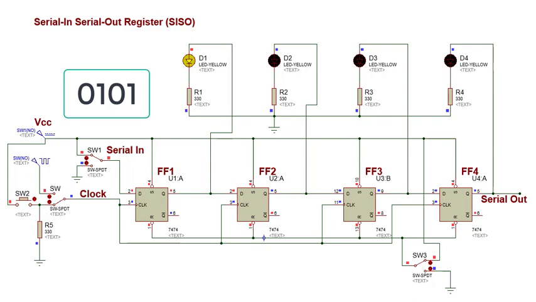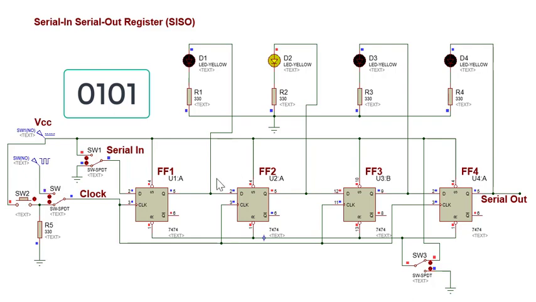For the next input, let us position the switch SW1 to down position to correspond to a 0 value. Let us press the clock switch SW2 to load this value to the first flip-flop. Notice that D1 now is off and D2 is on. D2 is lighted because its input is previously the output from flip-flop 1, which is 1.